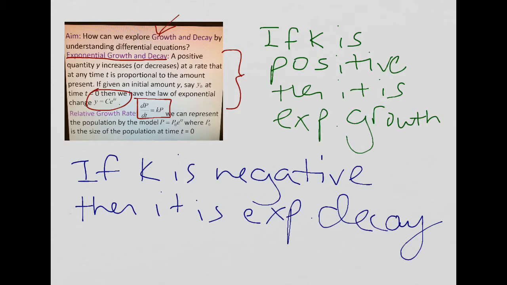When we solve this differential equation, it should be in this form: P is equal to P sub 0, that's your initial population, e to the kt, where P sub 0 is the size of the population at the time t is equal to 0. Yes, I did get tongue-tied there. I'm sorry.